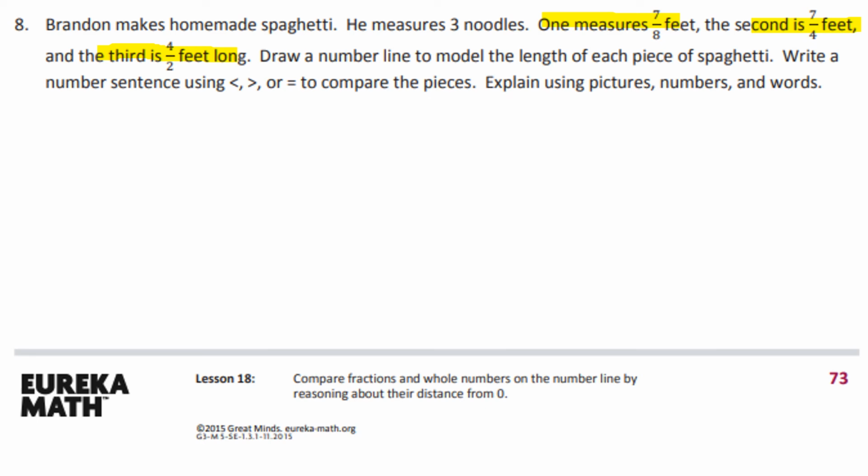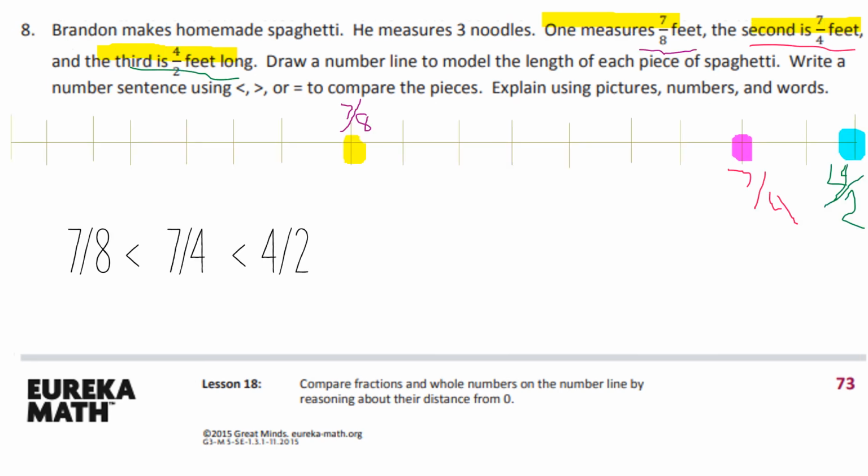All right, we're going to go over the answers. And as you can see, I still color them in different ways to separate each one. So we have 7/8 is less than 7/4, and 7/4 is less than 4/2.